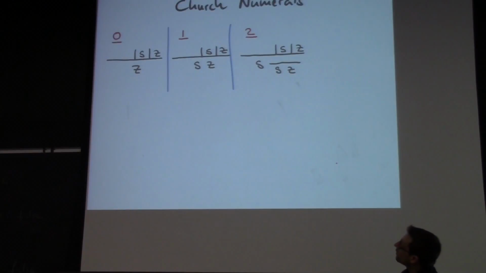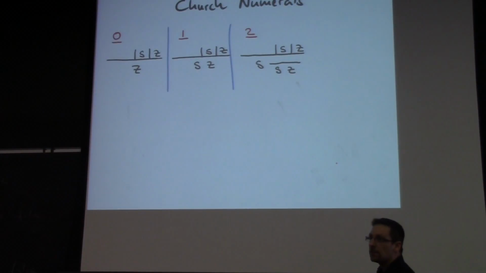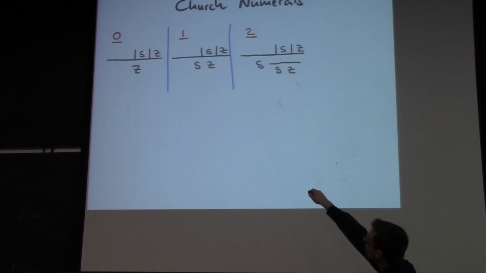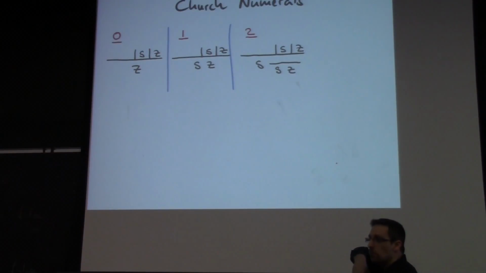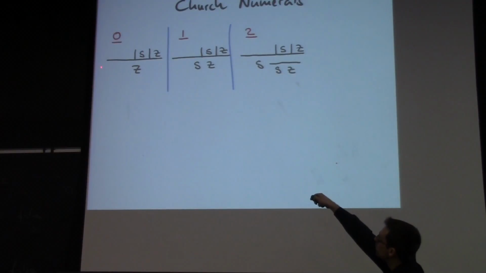Okay, so now we're going to use this idea for representing numbers using alligator and egg programs. All the numbers are represented by families where we have an alligator that eats an S and an alligator that eats a Z, and then does something with that.